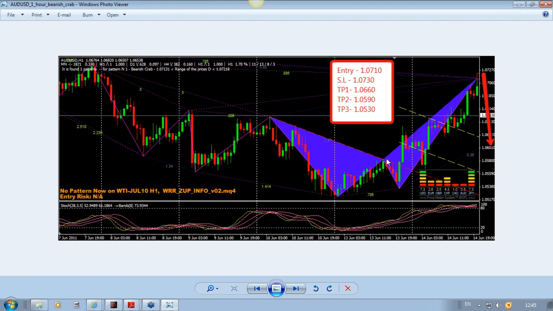So the first target should be placed on the first critical support from the entry. In this case, that was the support here, 106.60. That's the range that was broken only with this candle. Right? That's the range. And you should remember that.